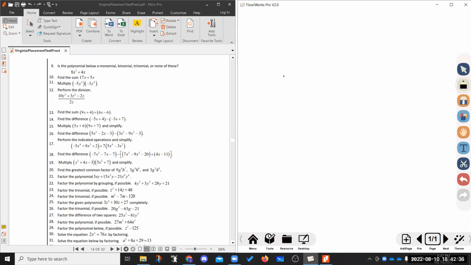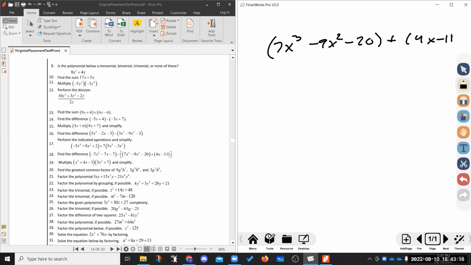All right, find the difference. Negative 7x squared minus 7x minus 7, minus big bracket, open parentheses, 7x to the third minus 9x squared, minus 20, plus 4x minus 11. I'm just going to need some space here to figure out each of these things individually. So let's go ahead and figure out this second part first.